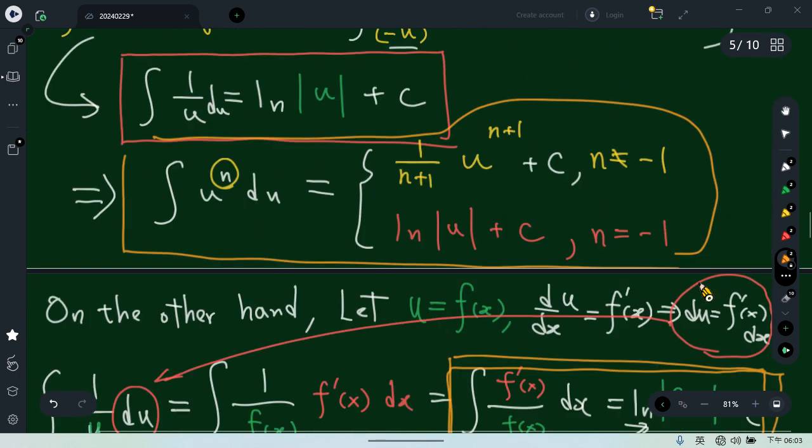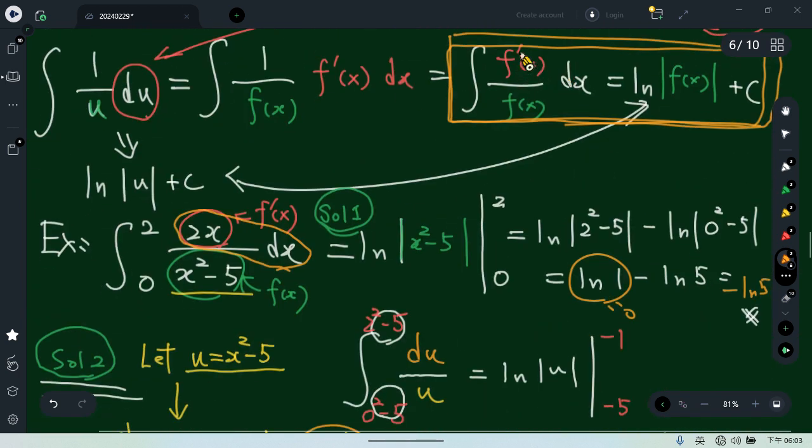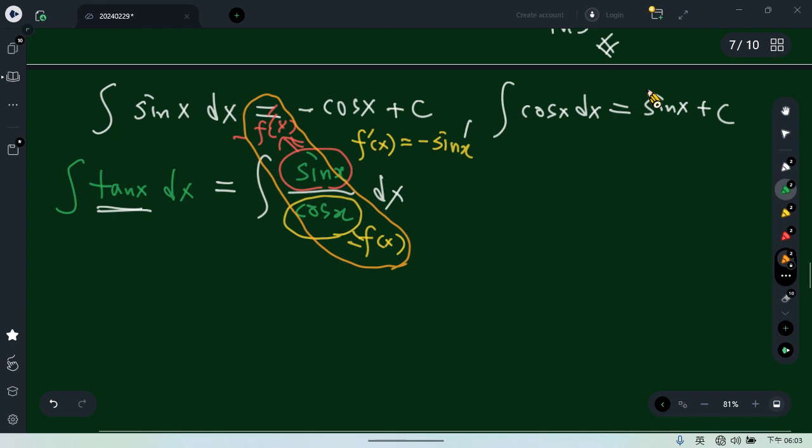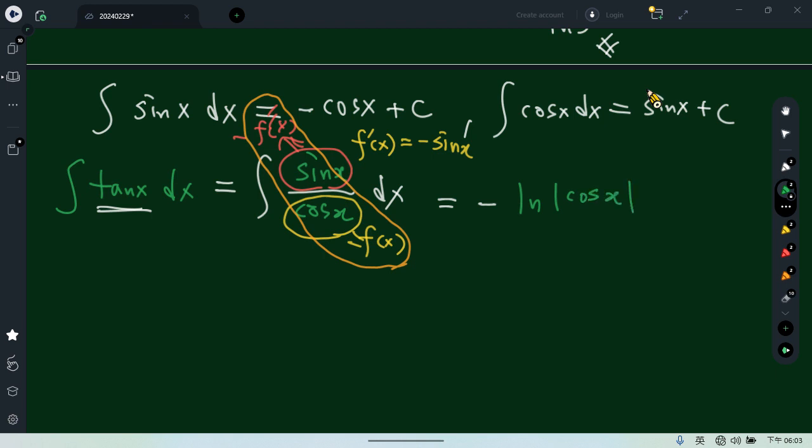When we integrate it, we can get this result, right? But don't forget this minus. So it will be minus ln of the absolute value of cosine x plus c.